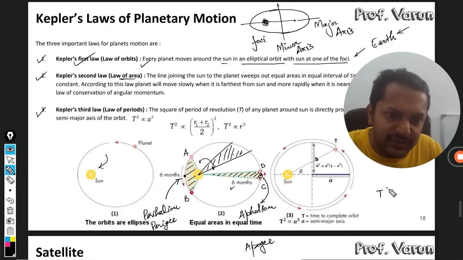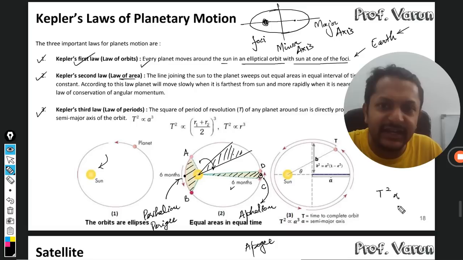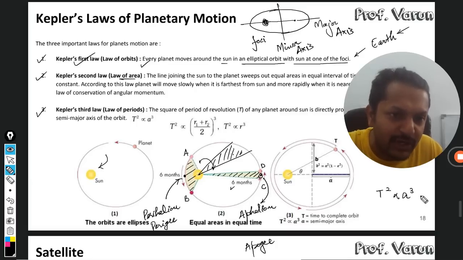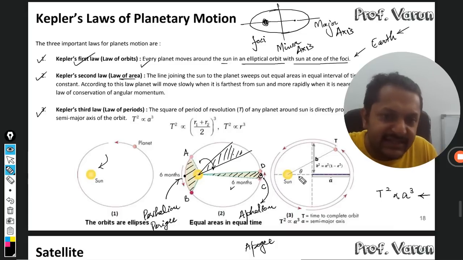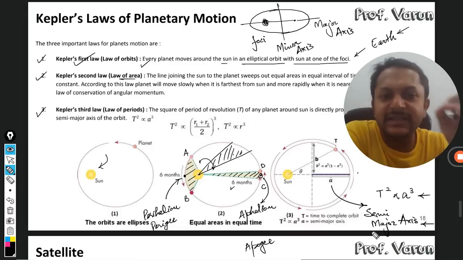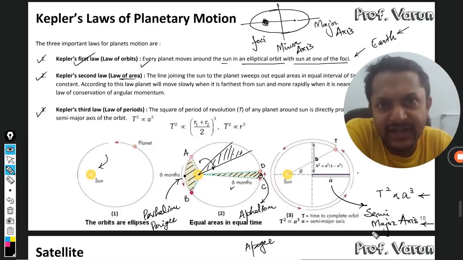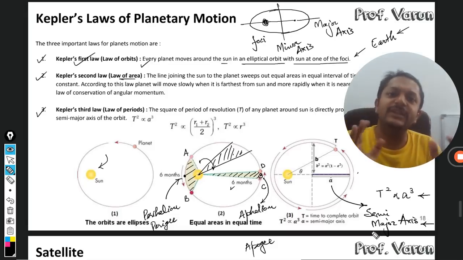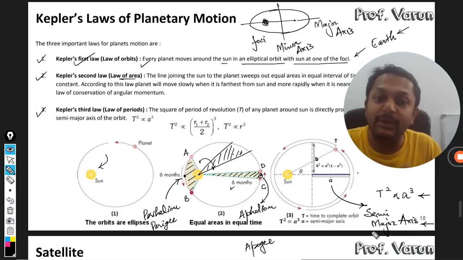This time square is found to be directly proportional to a cube. What is this a? See, this is the major axis. This a is known as semi-major axis. So it is 50% of the major axis. That is why we call it semi-major.